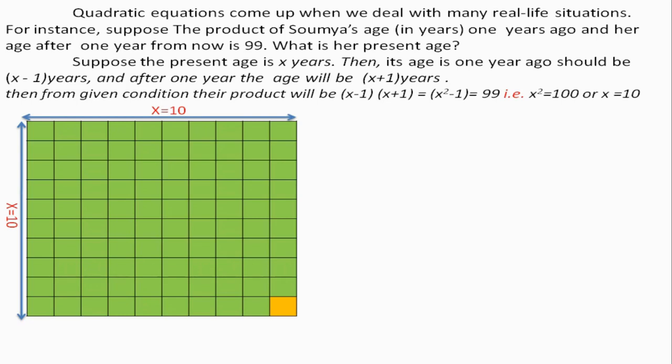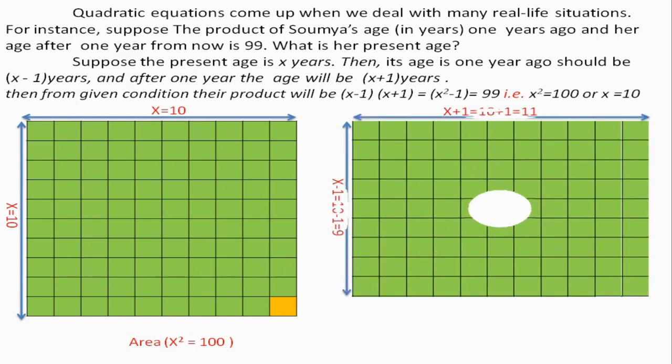Now we change this figure into this form. See it here. What we did here, we remove the yellow part in the top bottom row. We cut it from here and add it to the side of this particular square.